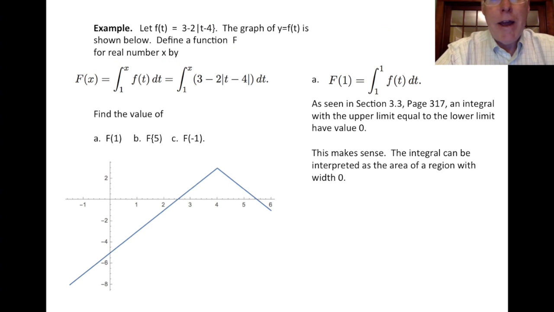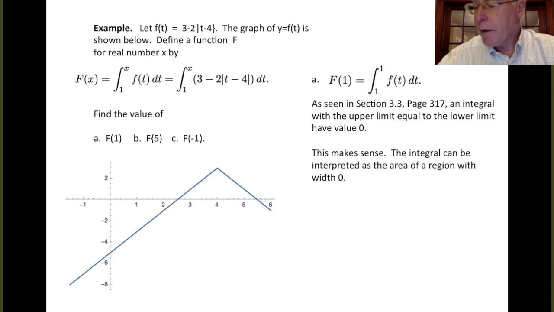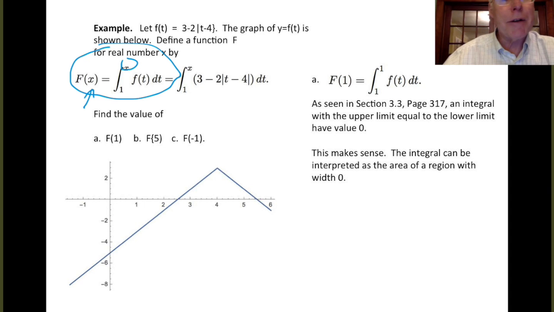So for part A, F of 1, we just go over to our definition here. It says wherever you see x in the parentheses, you put that in the upper limit. So F of 1 is going to be the integral from 1 to 1 of this f of t dt.